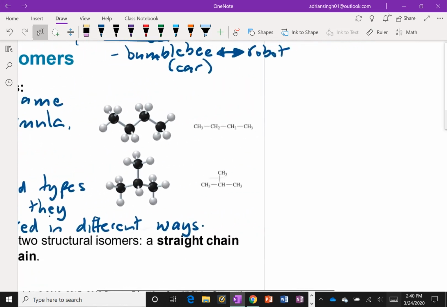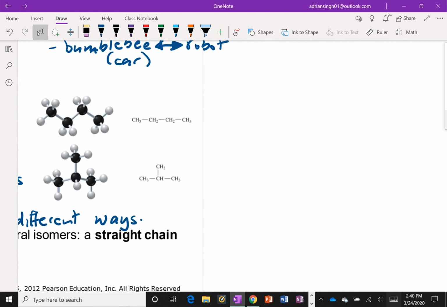All right, so here we have butane. We know that it's butane because there's 1, 2, 3, 4 carbons in it, and we can draw it with the line angle structure as 1, 2, 3, 4.